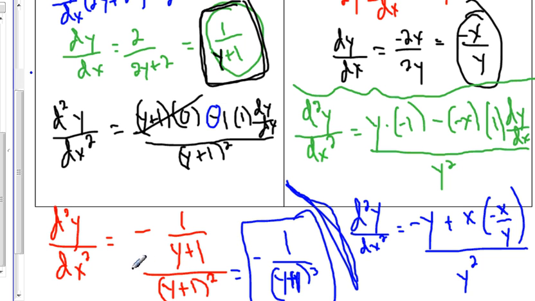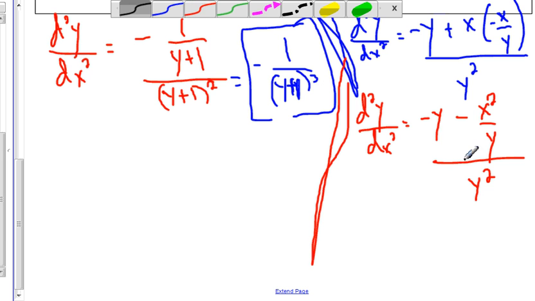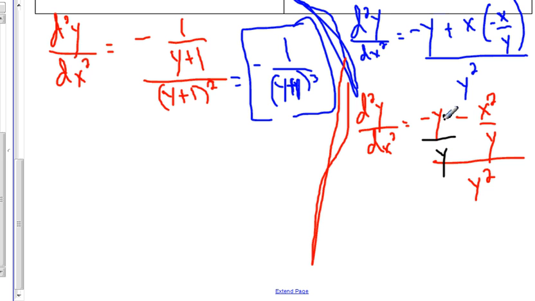So now I have to find a common denominator. I just simplified that a little bit, and let me get a common denominator here, y and y. So we're going to have negative y squared.